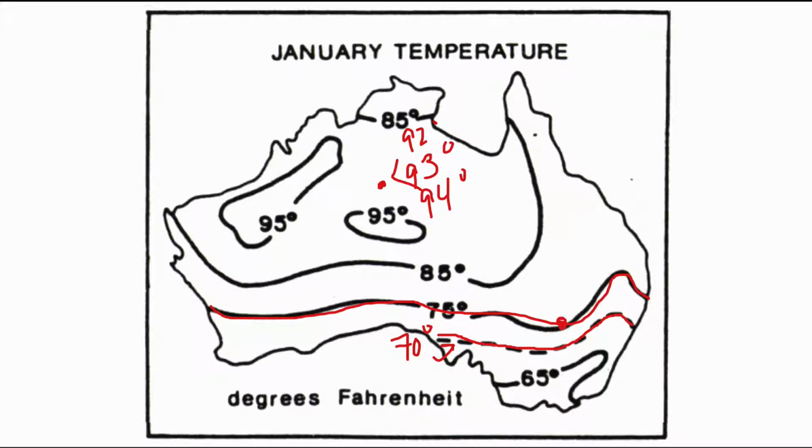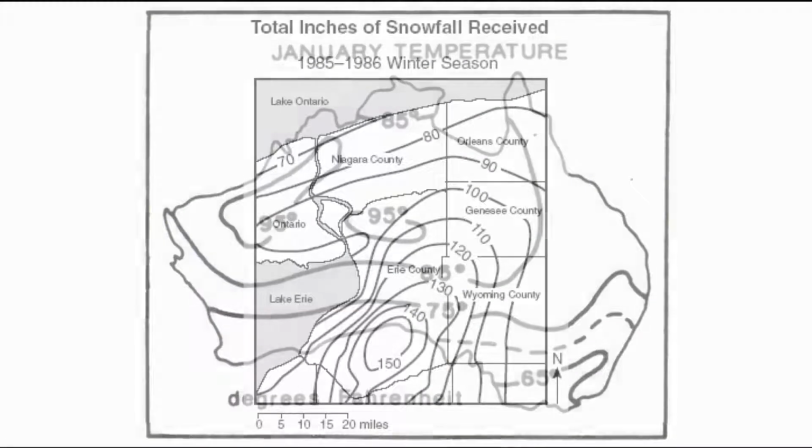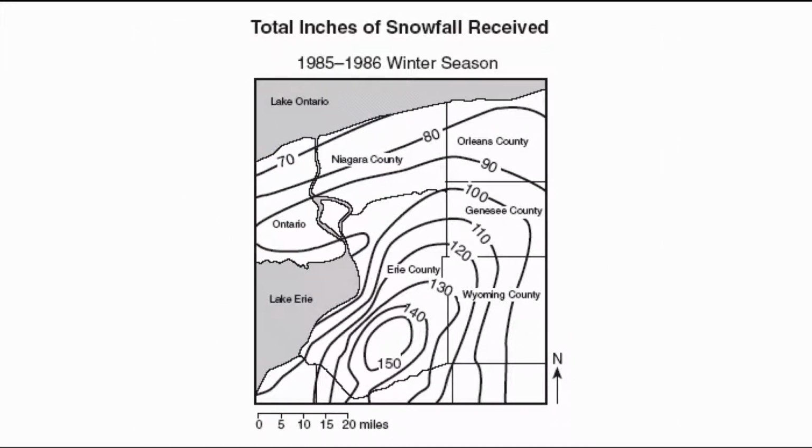Let's look at another example. So this is a New York State map, specifically of the upper northwest of New York State, near Lake Erie. And this is showing snowfall totals during a winter season from 1985 to 1986.